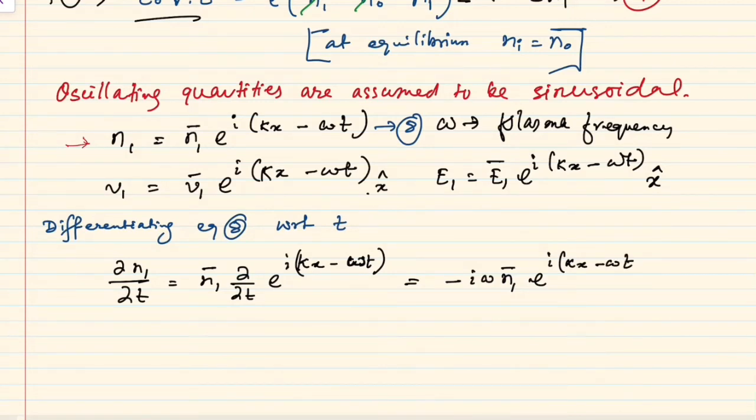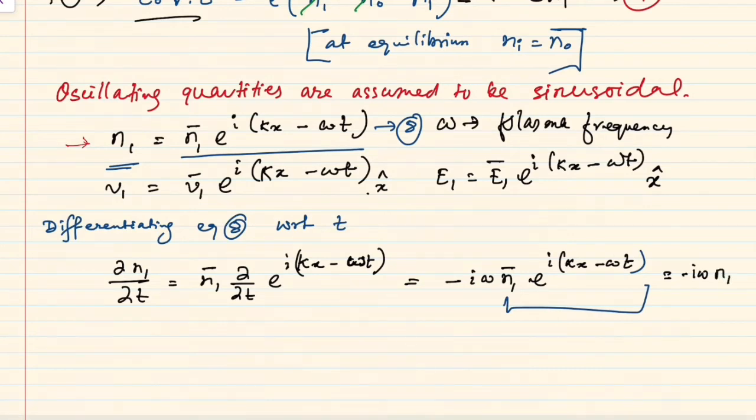Now you see this term can be replaced by n1 again from equation number 8. So then we will get minus i omega n1, from equation number 8.